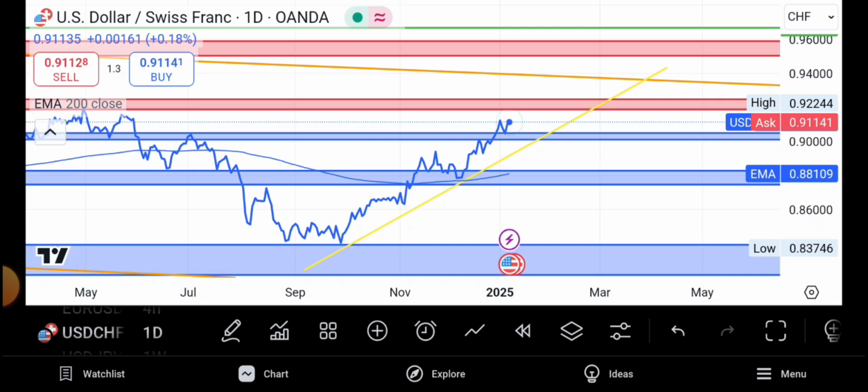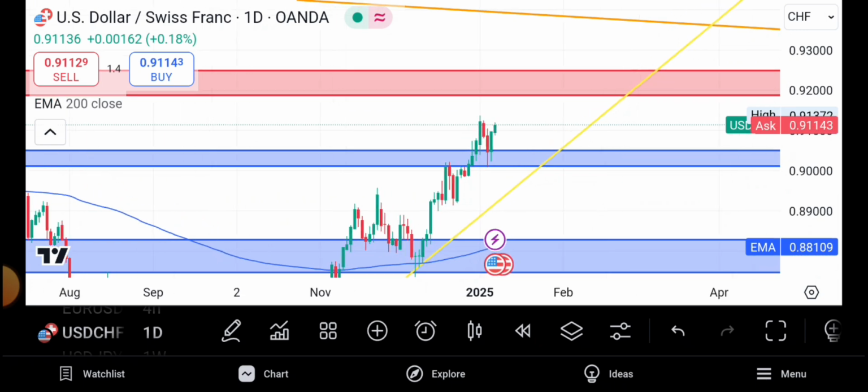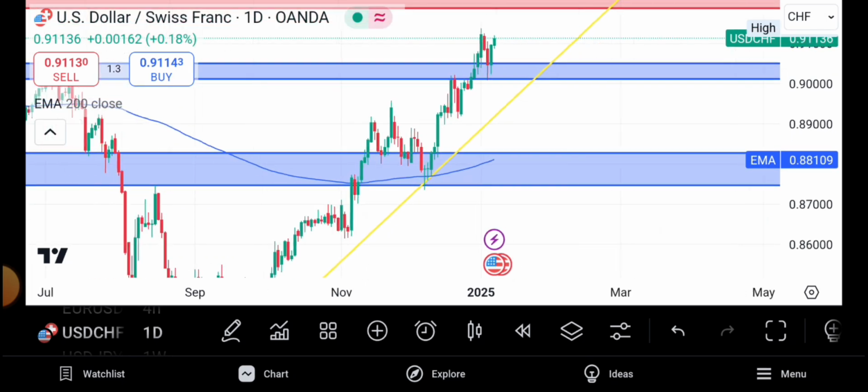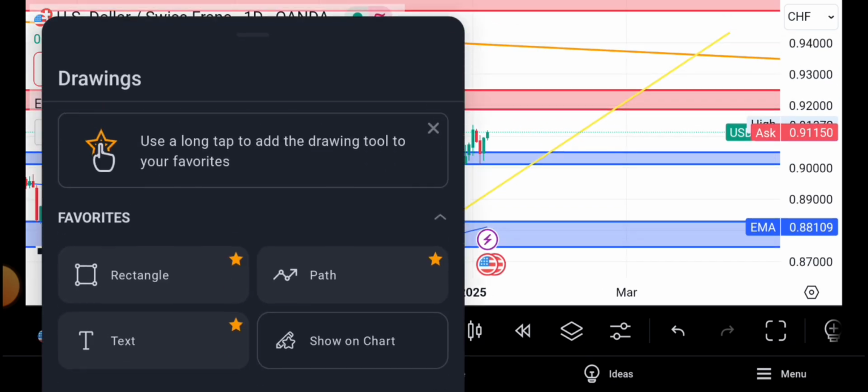So in the daily time frame, if you are an intraday trader, where are we going to buy this market? We already know that this is the current support we have.